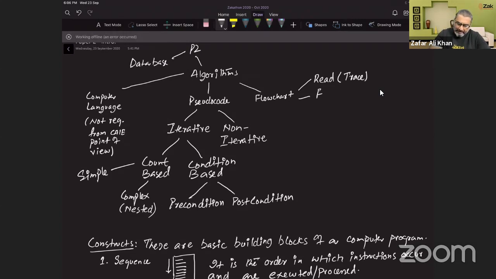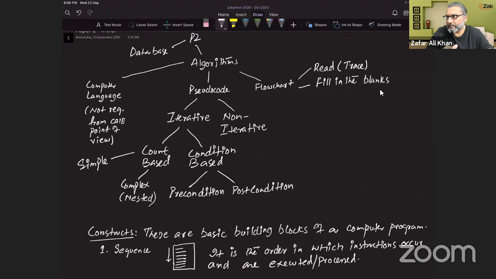You would have to fill in the blanks. Means a flowchart is given and you will have to actually fill it in according to the context of the question. So we have to read, we have to fill in, and then we have to create.